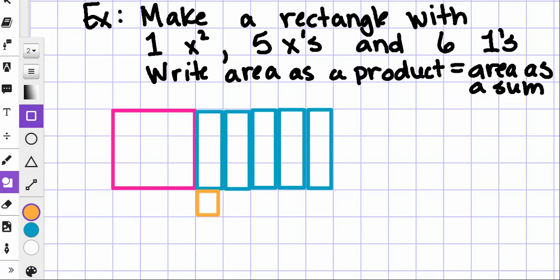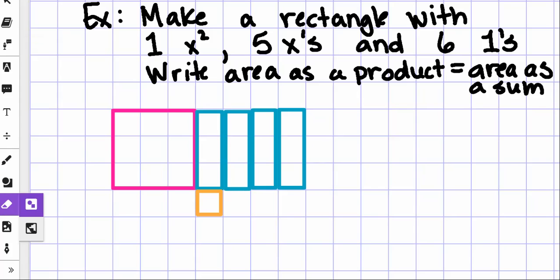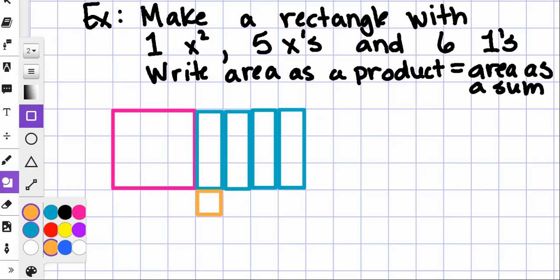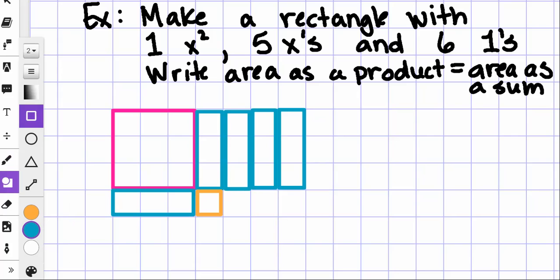And these little ones would go like that. And every time I have one of them, I need something else to go underneath that x squared. So what I'm going to do is I'm going to adjust these. And let me take one of those away and instead put it underneath here. Okay. So right now I have 1, 2, 3, 4, 5 of these. And now let me get my 1s. So I've got 4 of these I'm going to have here.